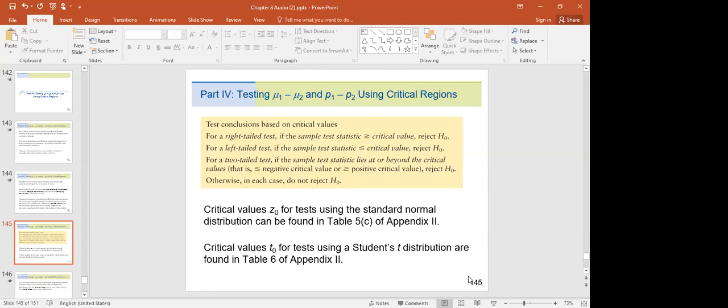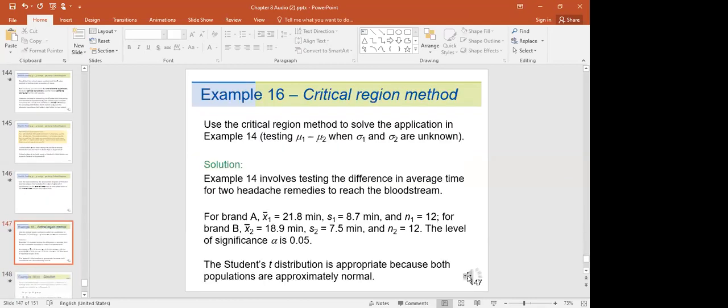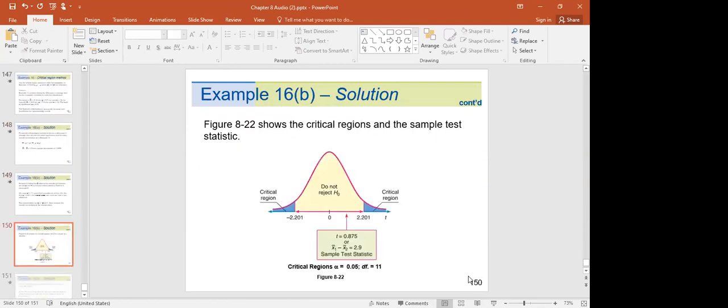For a right tail test, the area to the right is alpha. And then once you compute the test value, you compare it to the critical value to see if it is in the rejection region or not. I advise everybody in this class to use the calculator, because doing this work manually will take you a longer time. So this is the end of chapter 8.